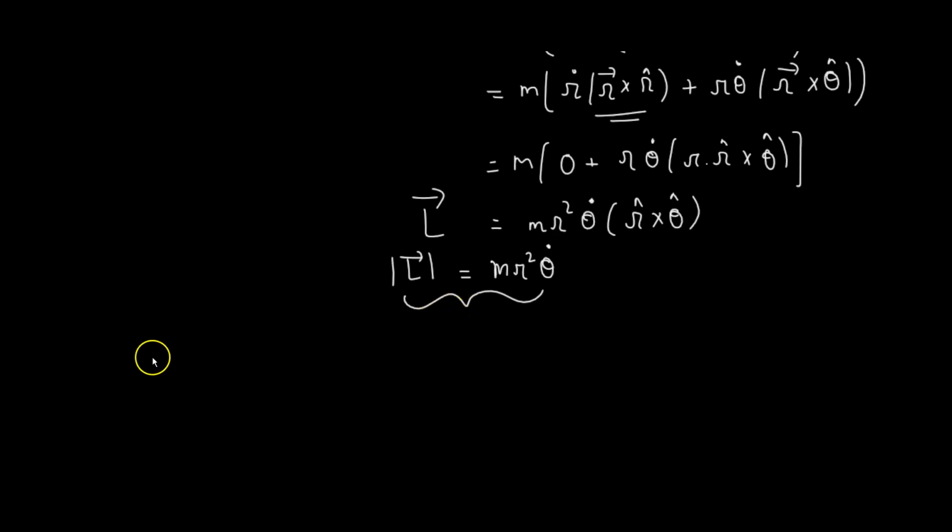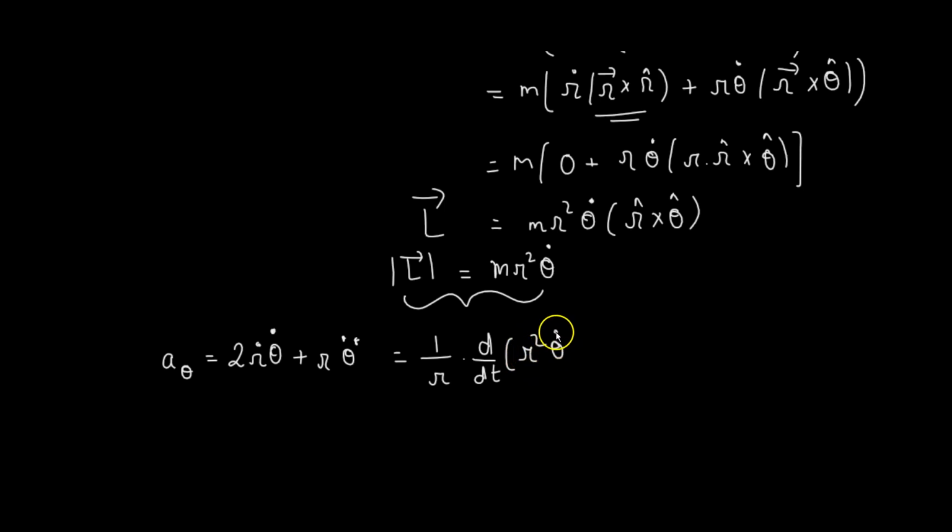If we consider the angular part of acceleration, a theta, it came out to be 2 r dot theta dot plus r theta double dot. Now this expression can be written as 1 over r multiplied by the time derivative of r square theta dot.